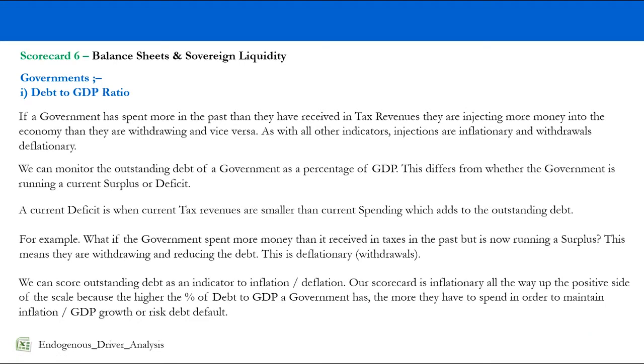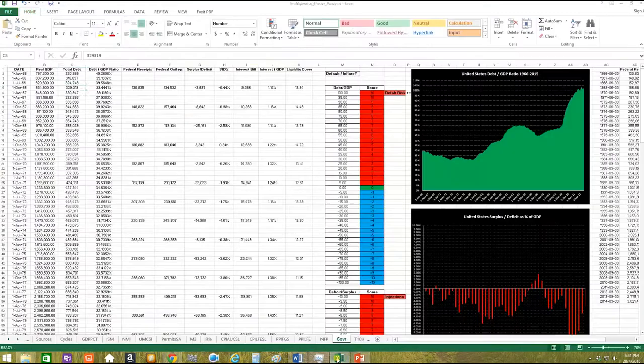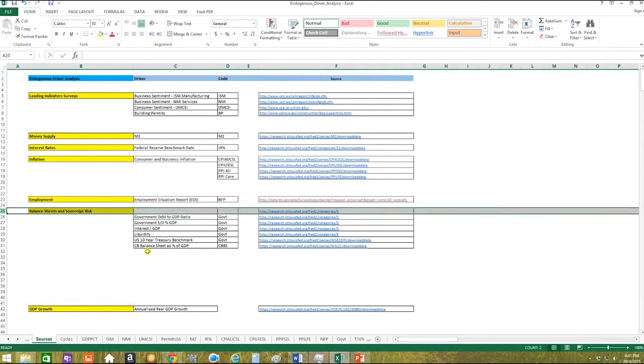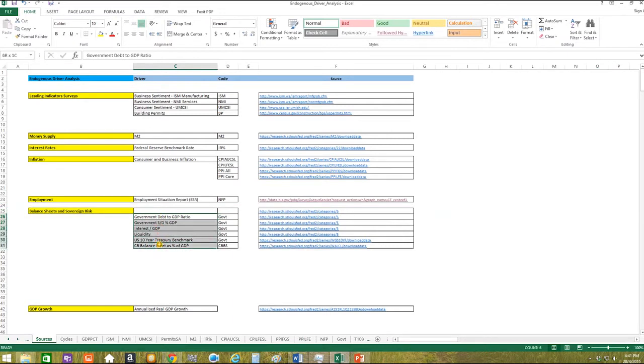So let's go over to the spreadsheet, and the tab we want is here in the government file, the government spreadsheet, as part of our overall endogenous driver analysis. If we go over to the sources area, the row that you want is row 25, and you can see all of our central authority drivers here.